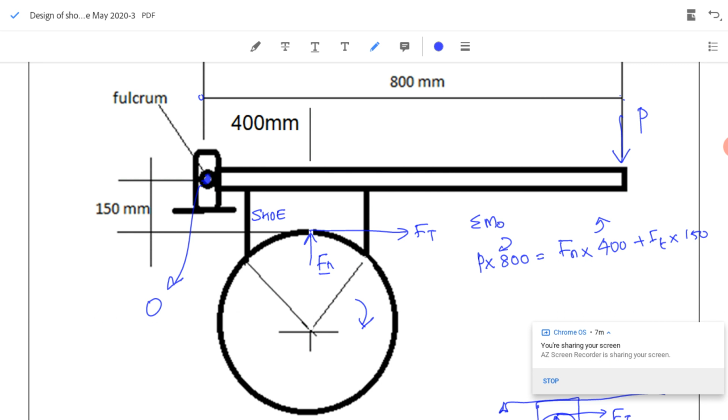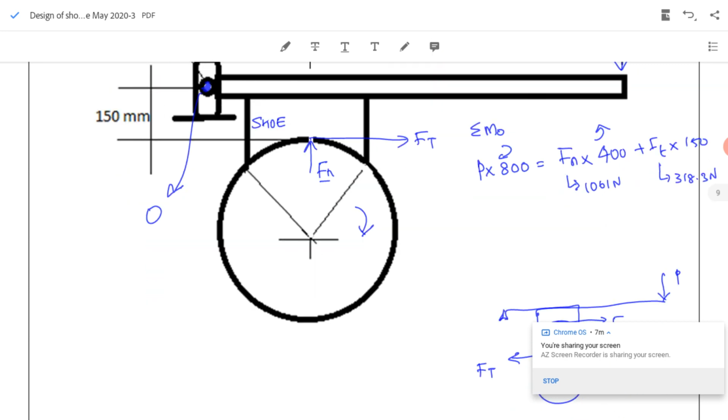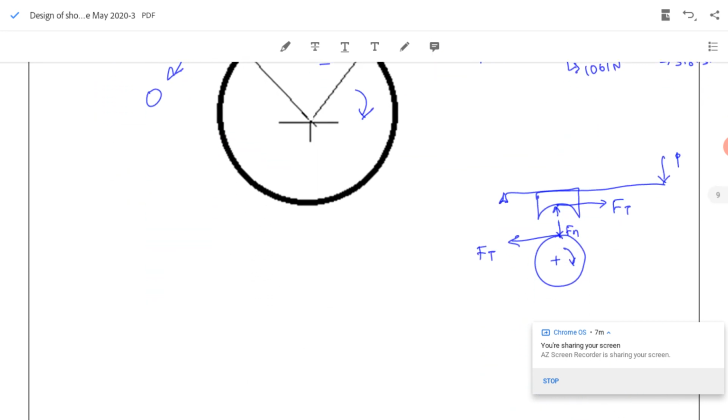Again substitute the values: Fn equal to 1061 Newton, Ft equal to 318.3 Newton. I will get the value of P. P, the effort required, is equal to 590.1 newtons.